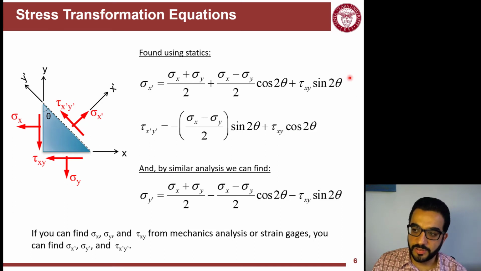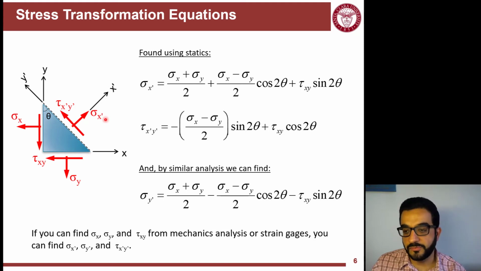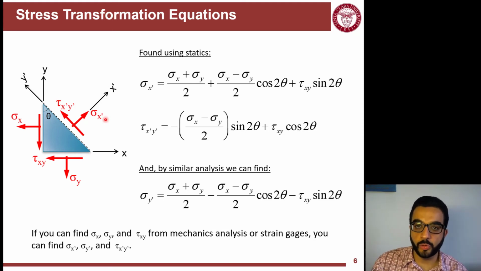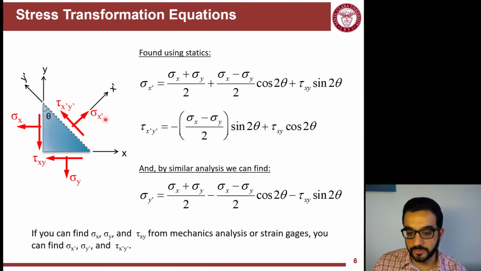So theta is relative to the orientation that I had originally that gave me sigma x, sigma y, and tau xy. And now at any angle theta, I can figure out the new values of the transformed stresses on that orientation.